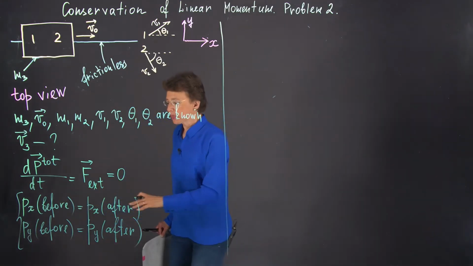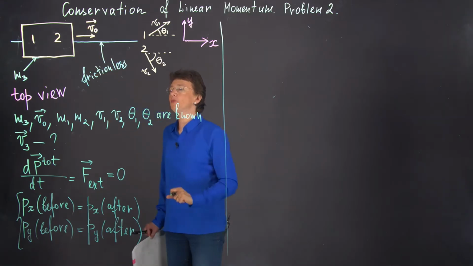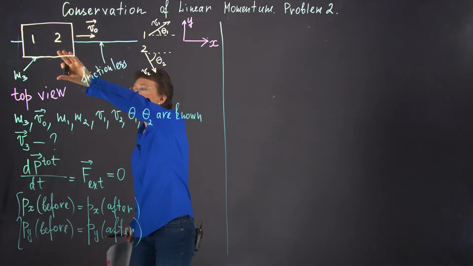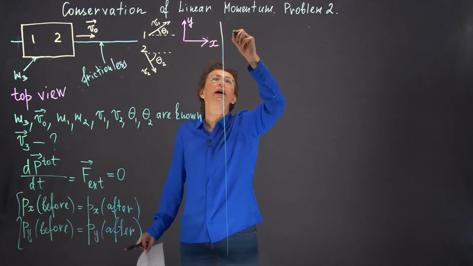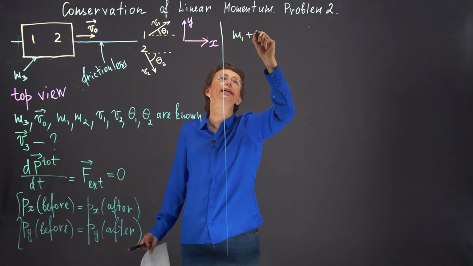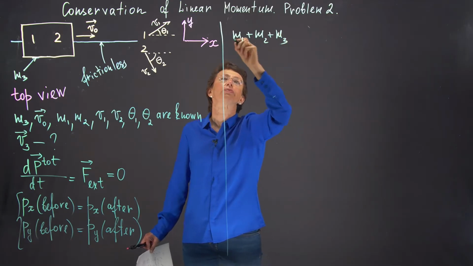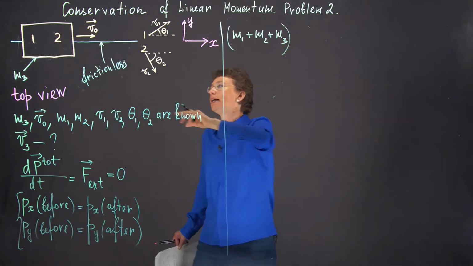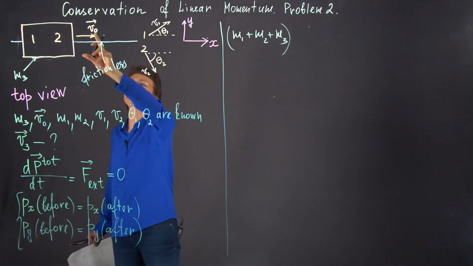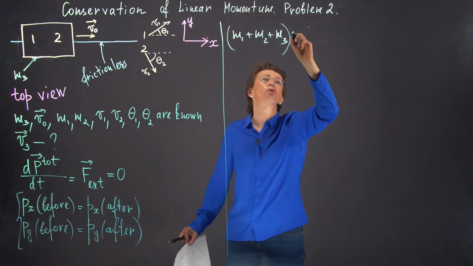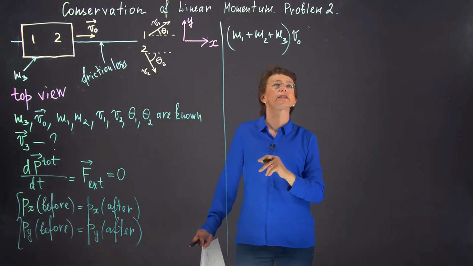What is it? Px, linear momentum at the beginning. I have m1, mass of rider 1, plus m2, mass of rider 2, plus m3, total mass, times the projection of velocity on x. Projection of velocity on x is v naught.